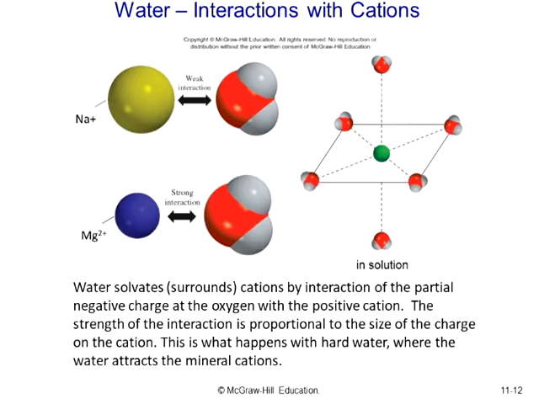These types of interactions are what cause hard water in your city water or your tap water. So what's happening is the water molecule is interacting with cations in your water supply, and we call it hard water.